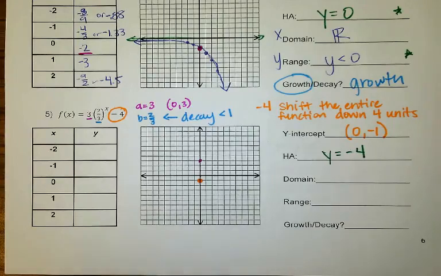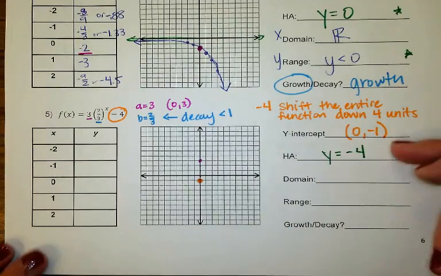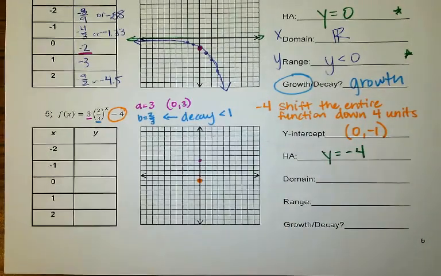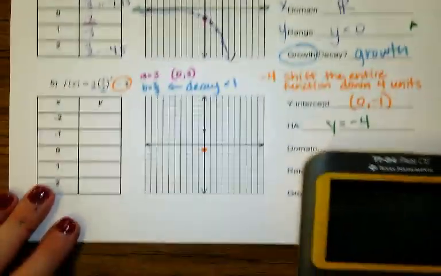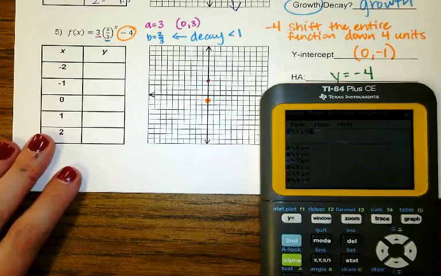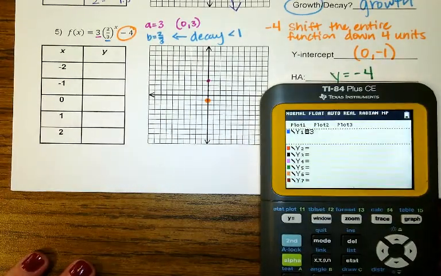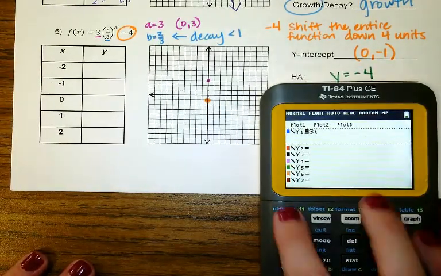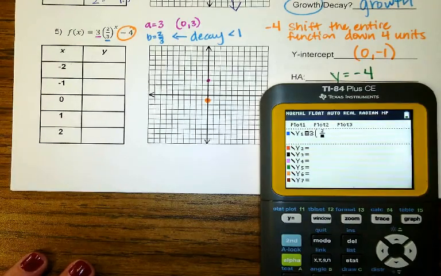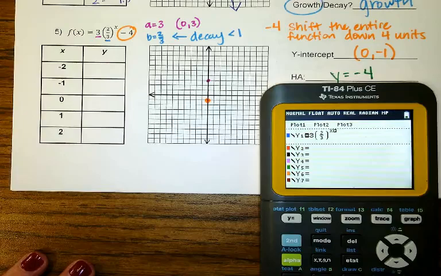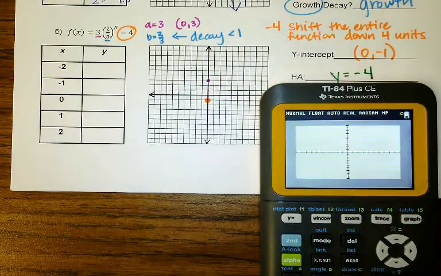Now let's see if that's actually true when we plug all this in. I'm going to say y equals 3(2/3)^x - 4. So when I go to my graph, this is what it's going to look like. Remember, it's exponential decay, but everything just got shifted down 4 units.